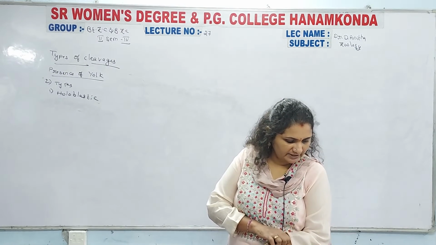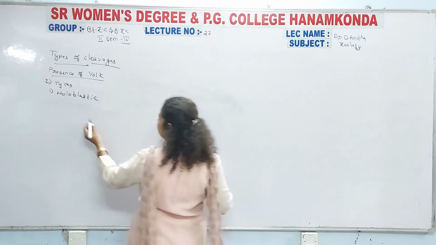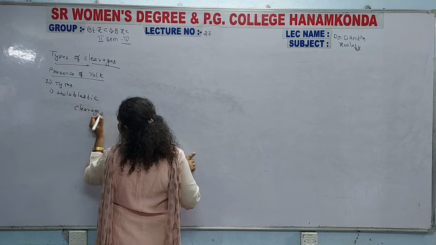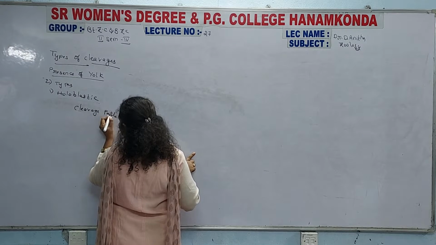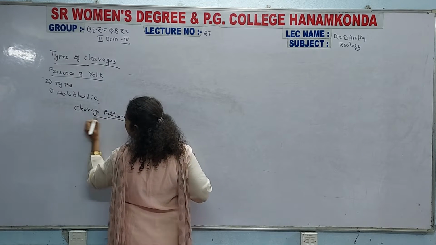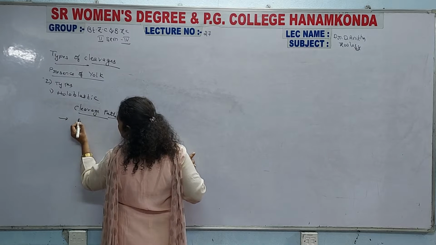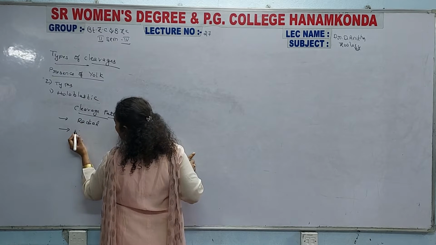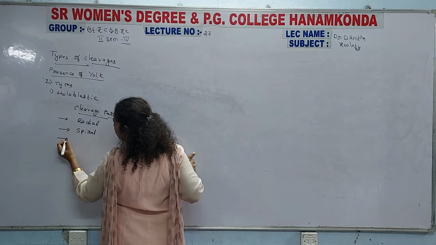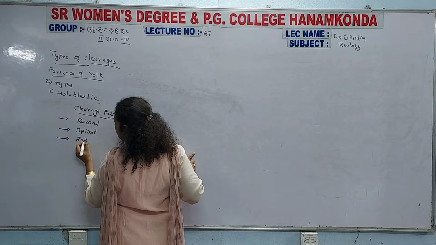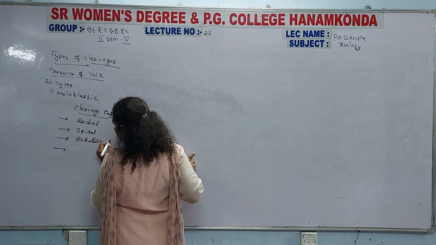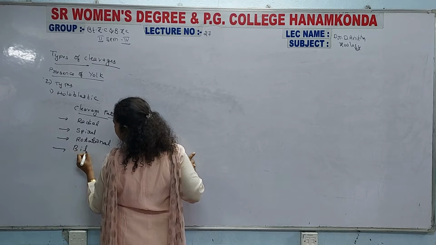So that was mainly radial, spiral, rotational and bilateral.